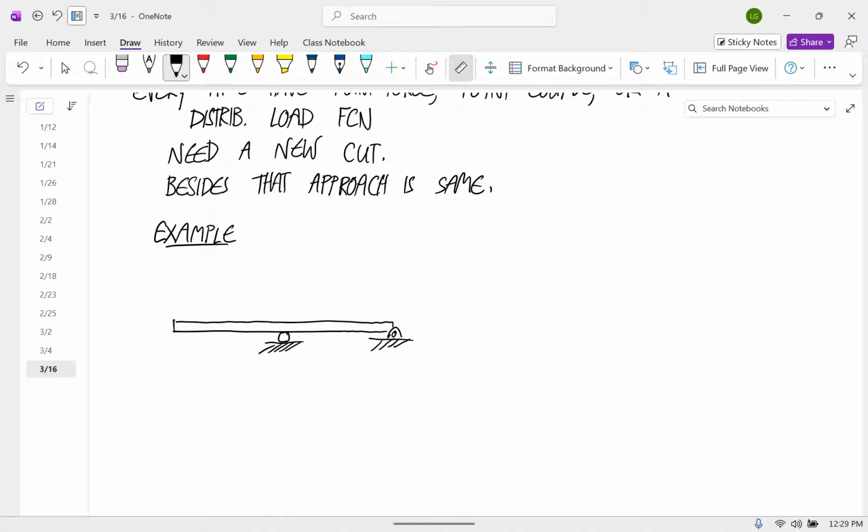And we have an external load of 1,000 newtons and a torque of 200 Newton meters. And let's say that each half of this is 1 meter long, so the whole beam is 2 meters. And we want to calculate the internal loads.